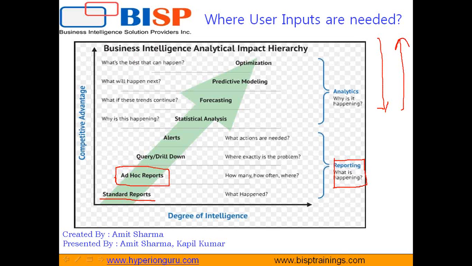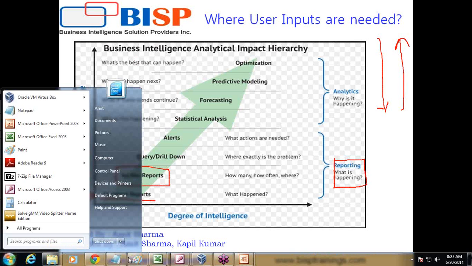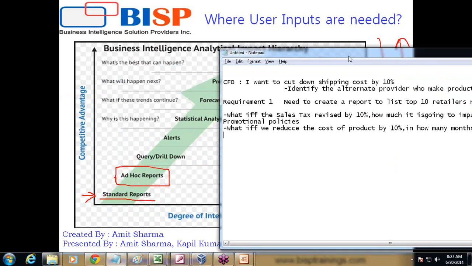So this is where you need input from the user. In order to prepare a standard report, you need to ask them, how do you want your report to look like? Then you ask them, what kind of analysis would you like to do? You capture building blocks. For example, for ad hoc analysis, I go back to my users and say, hey, what kind of analysis would you like to do?